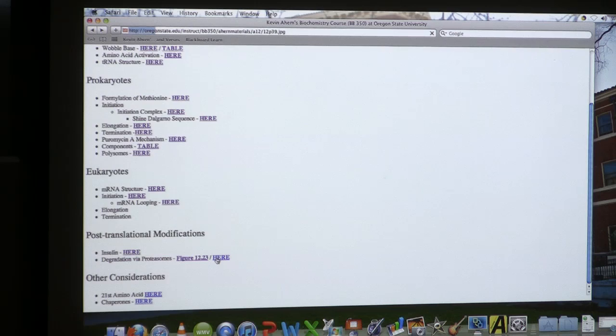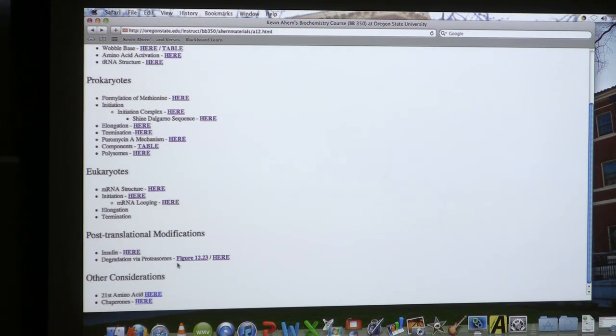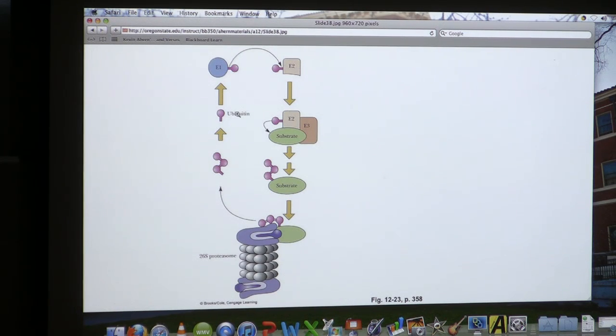Did you say ubiquitin is specific for individual proteins, or is it just... No, it's a general small peptide. It's not specific for any individual proteins, no. Ubiquitin. It's right here on the screen, right where my pointer is.